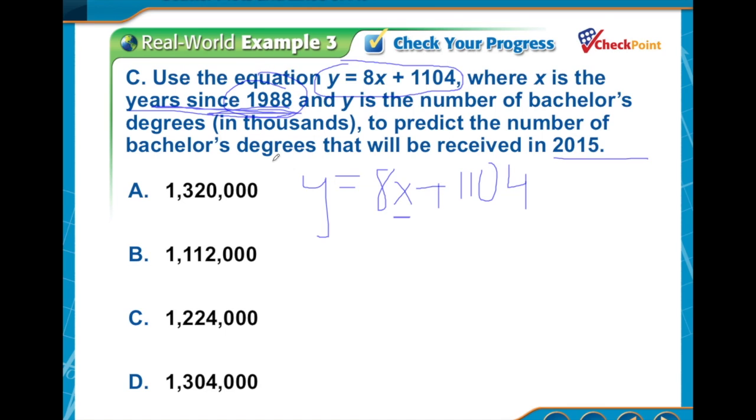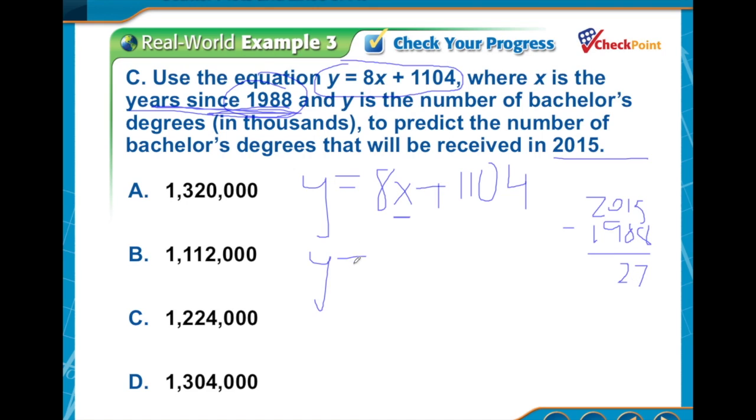So then my question to you is, how many years after 1988 is 2015? Well, in order to get there, you would have to subtract here. If we do that, we would get 27 years. So given this is 27, that's actually what we plug in for x here.